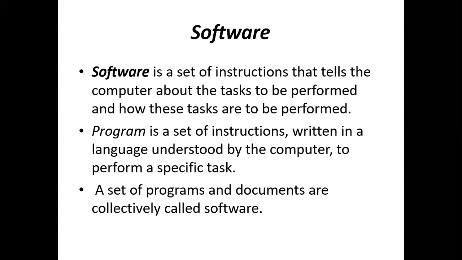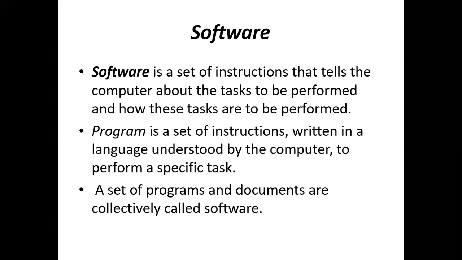Hardware, the keyboard, the mouse, the display unit, they can't work without instructions. So the instructions which the computer will follow to perform a task are what we refer to as software. Okay.